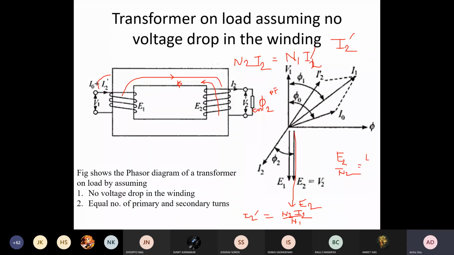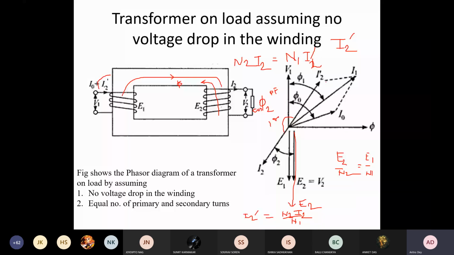So E2 greater than E1 means N2 is greater than N1. So if that is the case, then this current will also be more, isn't it? Because it is N2 by N1. So we can draw the same, just put the 180-degree out of phase phasor, but the magnitude will be N2 by N1 times more than I2.